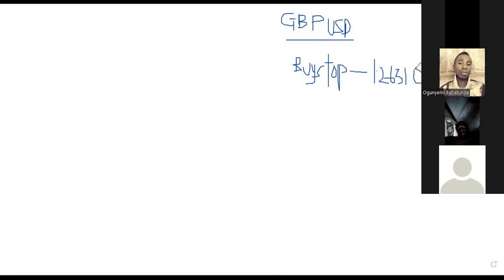Remember yesterday I told you that your pip is the fourth value from the decimals. Now, let's say I had 10 pips to this. If I have 10 pips to this, then it means that your take profit one, your TP1, will give you 1.26410.